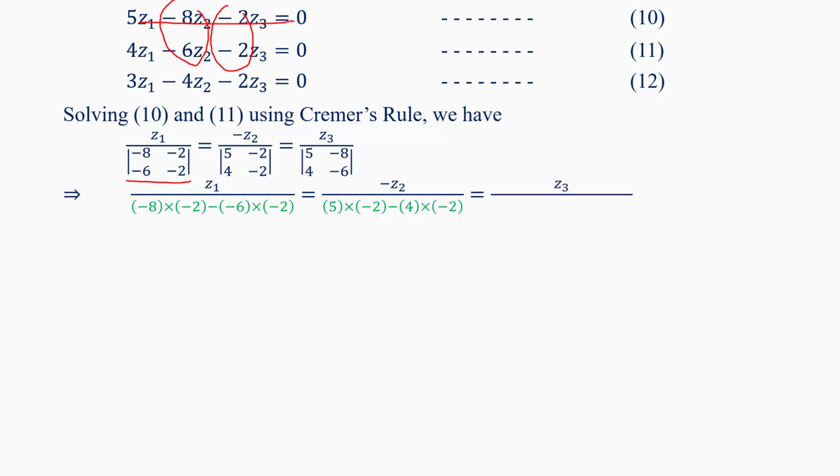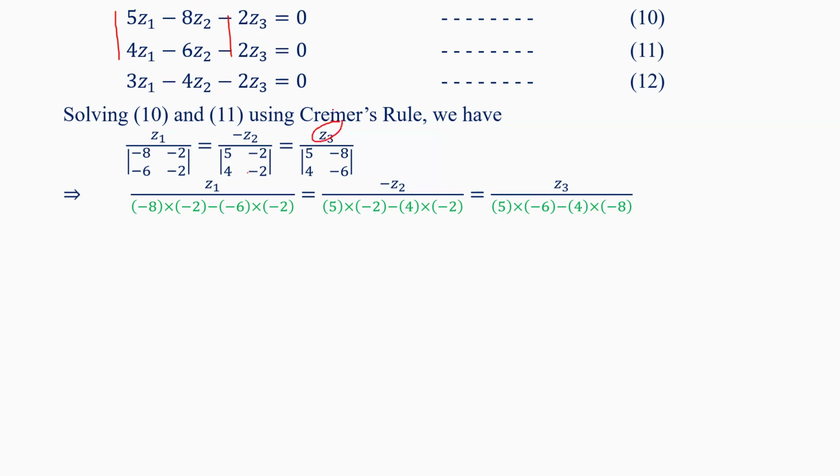So leave this row and this column. We are taking only the first two equations, right? Here, if we leave the first one, we have 5, 4, minus 2, 2, so minus 8, minus 6, minus 2, minus 2. For the second case, we have to leave this part, so 5, 4, minus 2, minus 2.